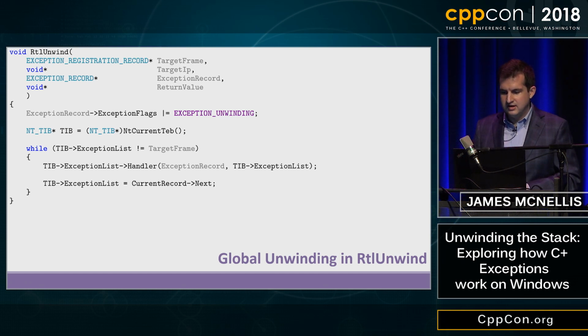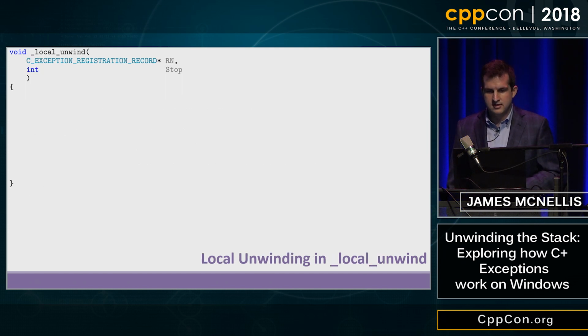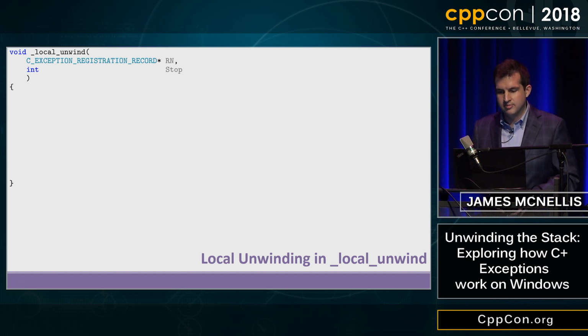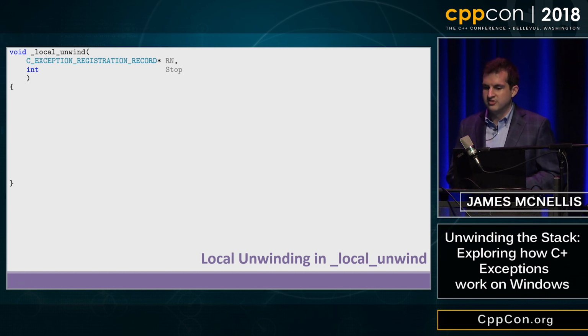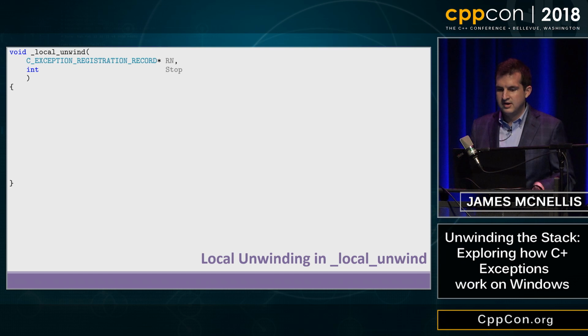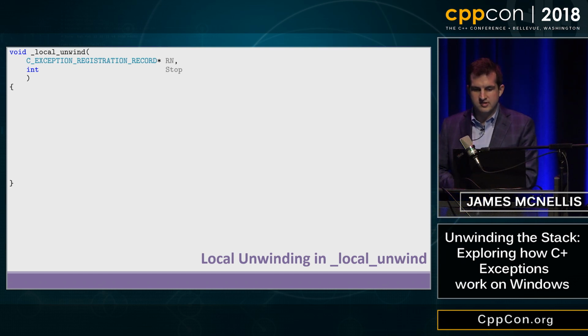Within each handler, we then need to handle this unwind operation appropriately by doing a local unwind. So inside of the C structured exception handling implementation, the local unwind function is used to perform a local unwind. It takes as parameters a pointer to the registration node for the function being unwound and the state number at which unwinding should stop.